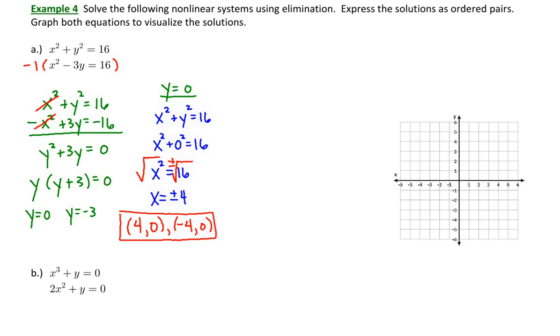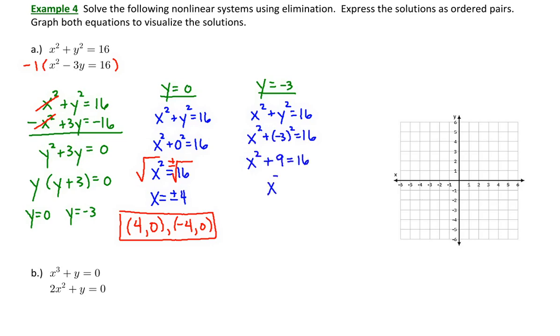But don't forget, we have another y value to consider. That is y equals negative 3. Again, I'm still going to use that first equation, x squared plus y squared equals 16, to find x. You could use the second equation if you preferred. Let's replace y with negative 3. This one's not going to be as pretty. We have x squared plus 9 equals 16.